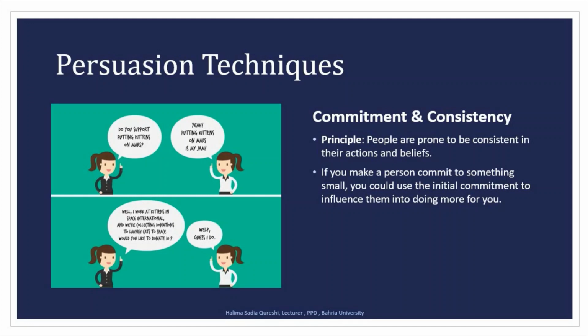For example, the assignment thing we have discussed earlier, commitment and consistency could be used in that way. If the teacher has given individual assignments and you want group assignments, what you can do is gather more people and influence them to be on your side, to create some sort of majority.